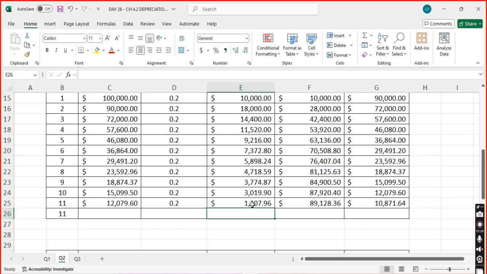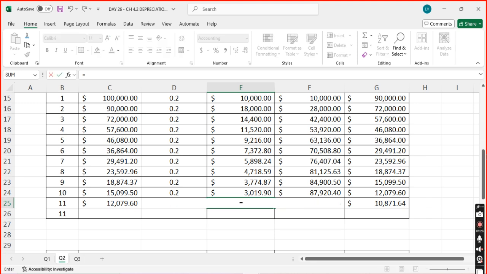Okay? But what you can do here is if you did do it that way, great. Then you're able to walk away with having $10,871.64. But here we can also try to depreciate it as much as possible. Excuse me, by taking $12,079.60 and subtracting out your salvage value.